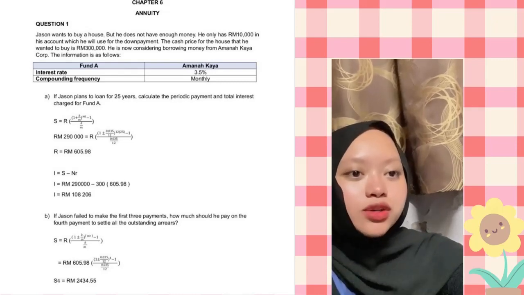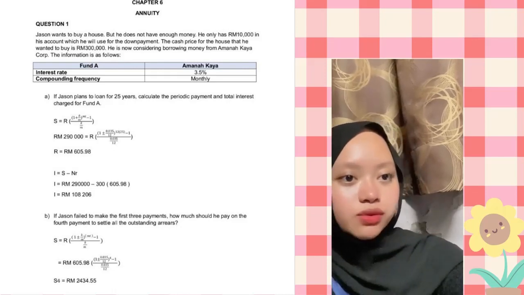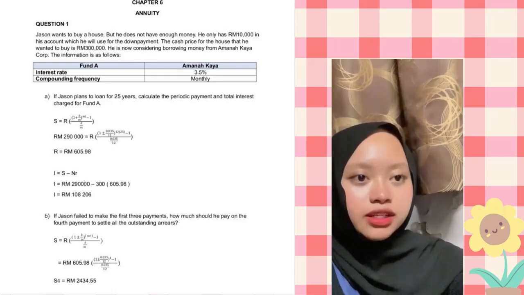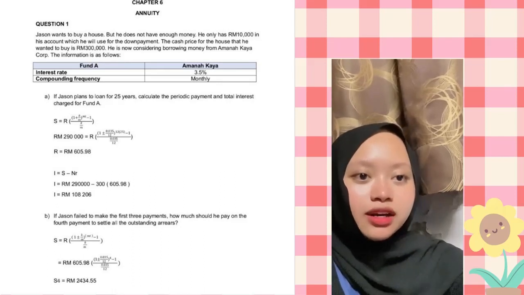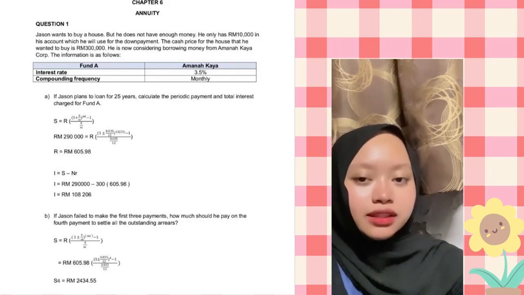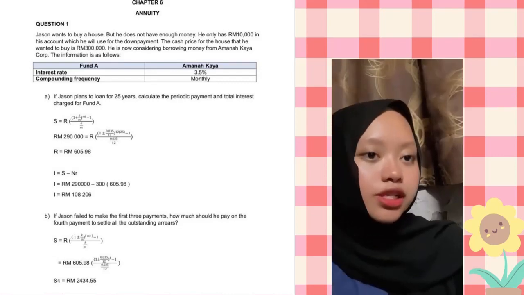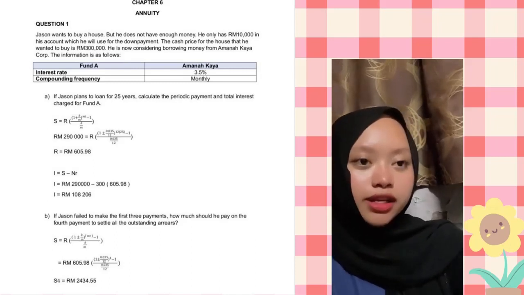So (1 plus 0.035 divided by 12, minus 1), divided again by 0.035 divided by 12. So the answer is 605 ringgit and 98 cents. The answer is not the only debt because we want to find interest.